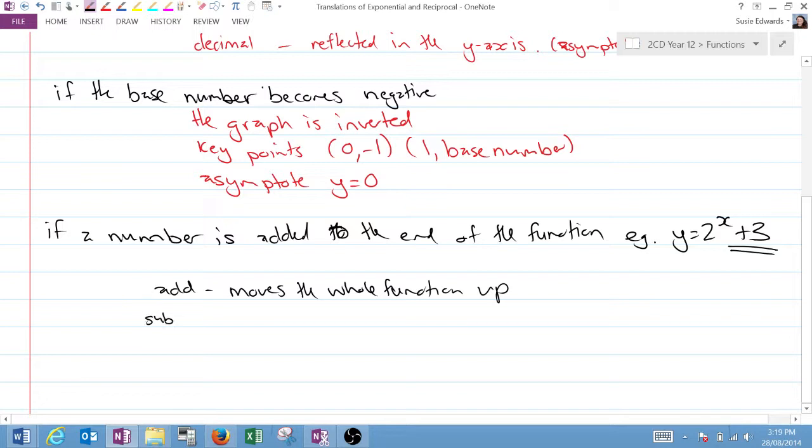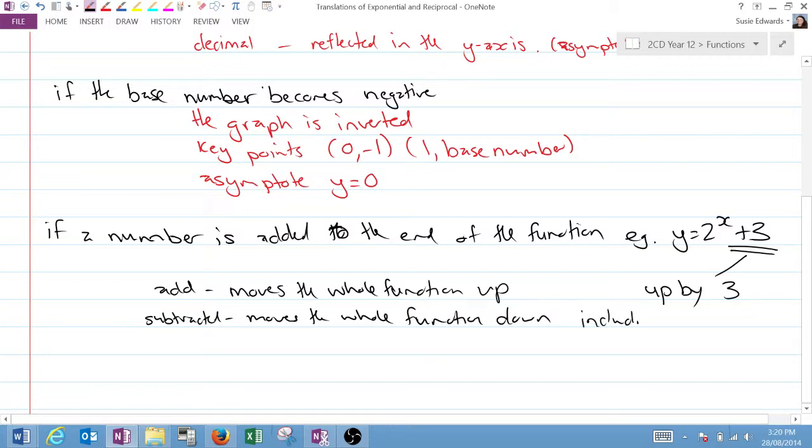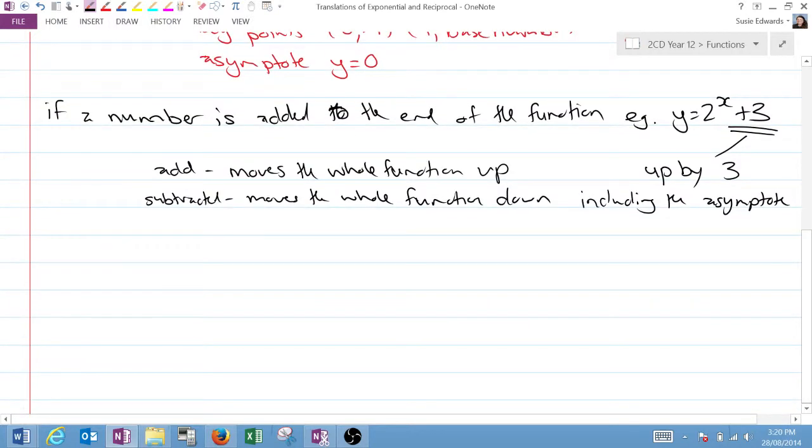If it's subtracted, it moves the whole function down. So for this one here, it moves up by 3. Remember, including the asymptote. It's the same rule as for all the other functions. Okay, next one.